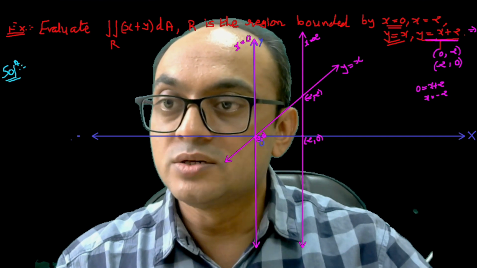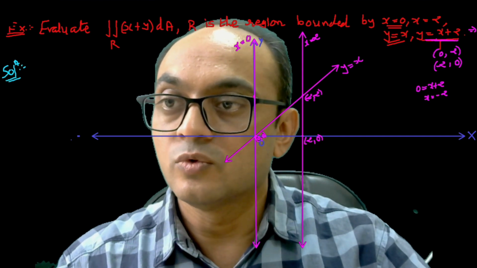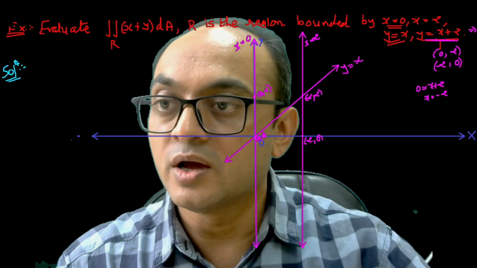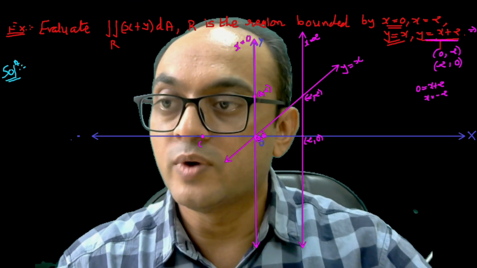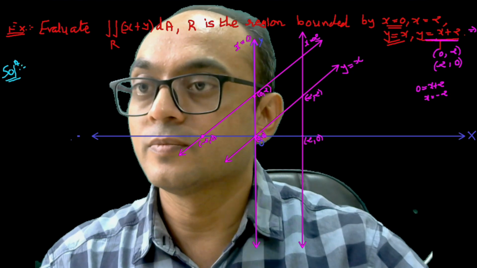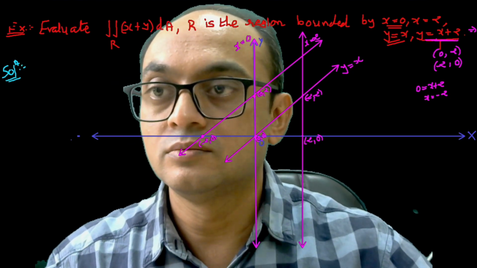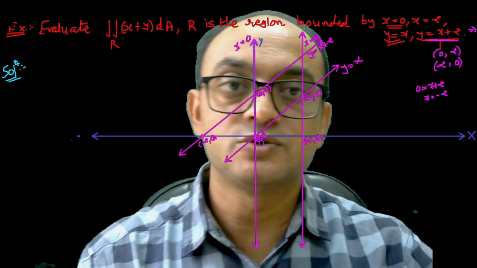Say this is the point 0 comma 2, when x is 0, y is equal to 2, and say this is the point when x is equal to minus 2. The equation of this line is y is equal to x plus 2.